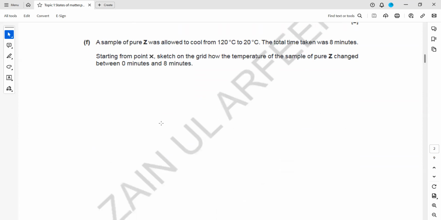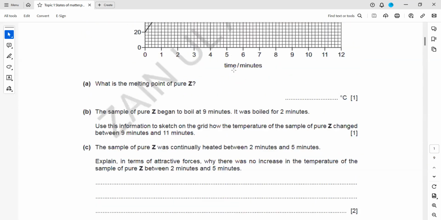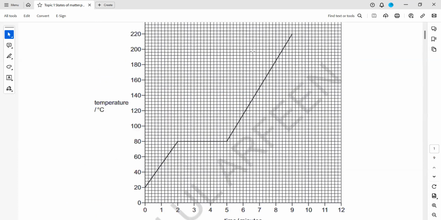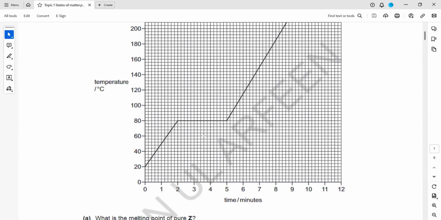A sample of pure Z was allowed to cool from 120 to 20, and the time taken was 8 minutes. Starting from point X, sketch on the grid how the temperature of sample Z changes between 0 and 8 minutes. And keep in mind that it has a freezing point or melting point of 80.